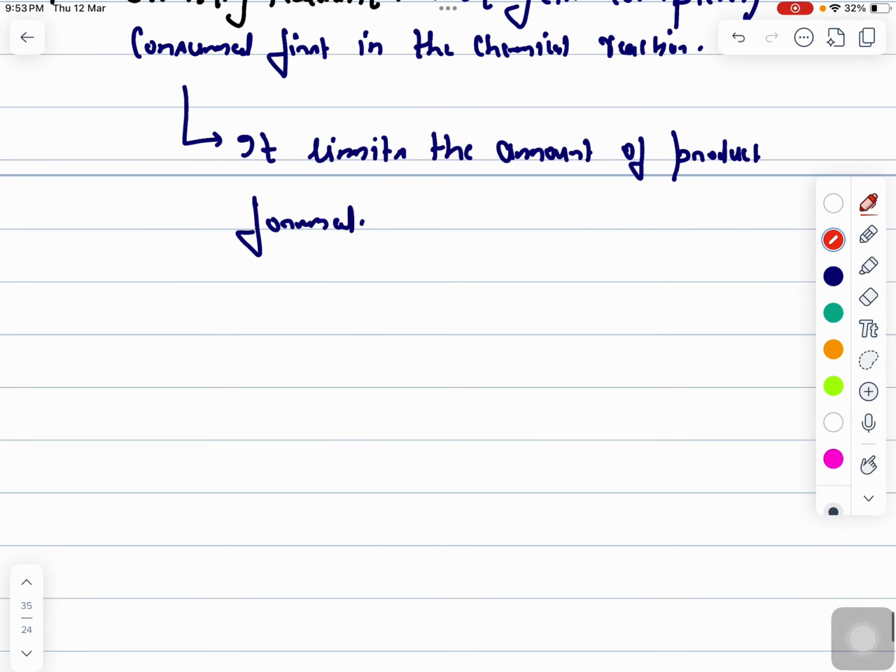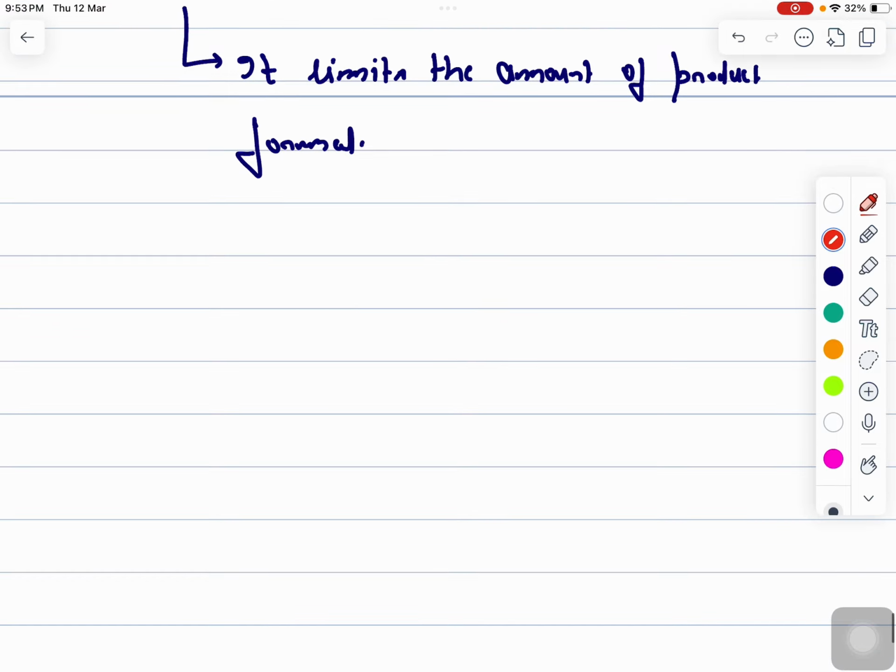In simple words, let's see how to find the limiting reagent. If you have a reaction like N2 plus 3H2 getting converted into 2NH3, first of all you need to balance the reaction.